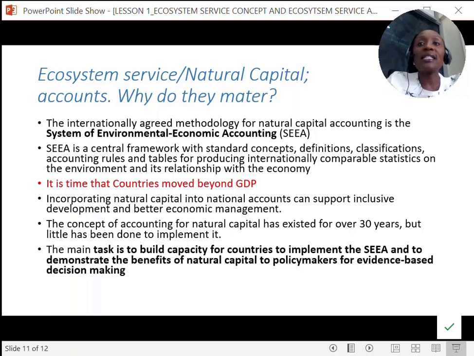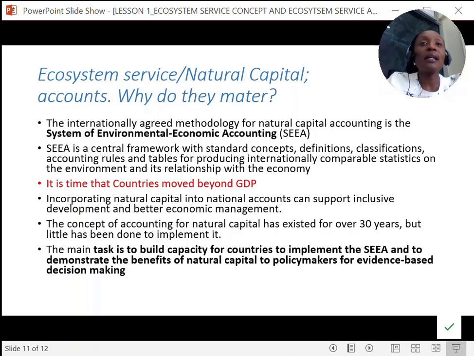So I would say it is in the interest of all countries to actually move beyond traditional GDP. Why? Because incorporating natural capital into national accounts can support inclusive development and better economic management. The concept of accounting for natural capital has actually existed since the 80s, but little has been done to implement it.